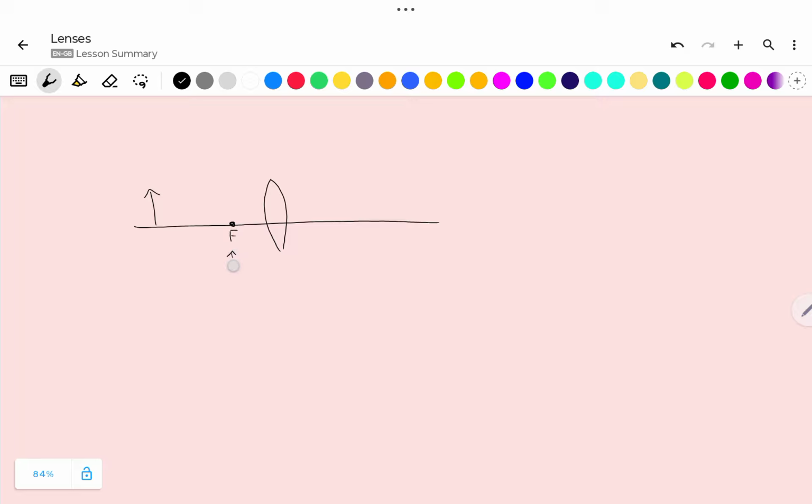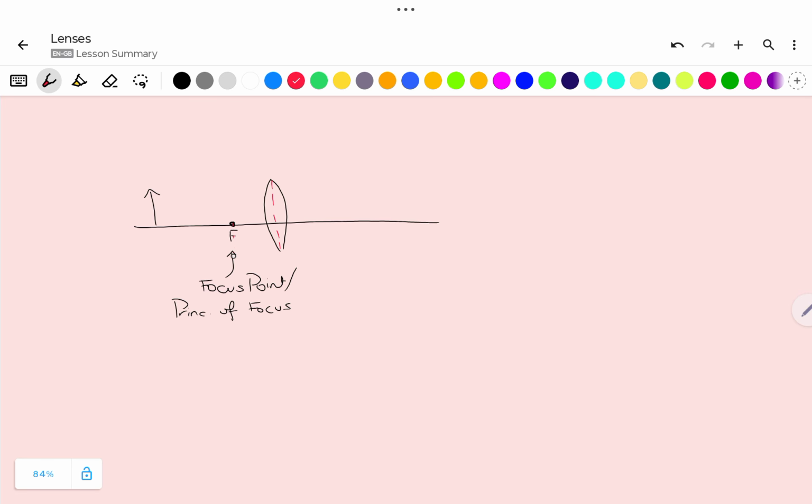This point is known as focus point or principle of focus. If they only gave you one focus point on one side of the lens, you need to draw the other one. Here there's usually a dashed line at the center of the lens, and if it's not there, you can draw it.